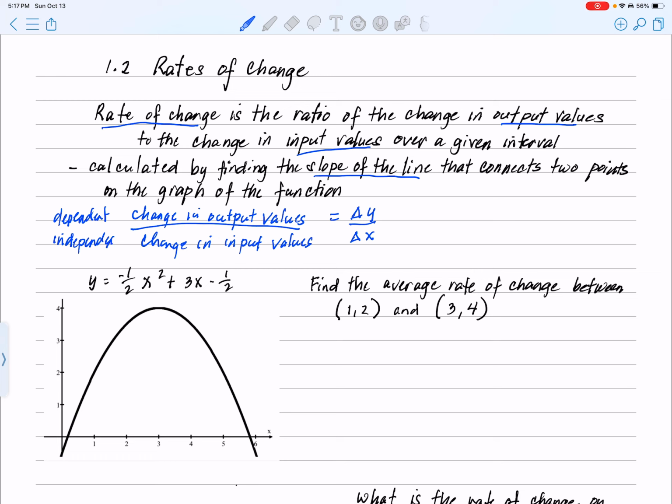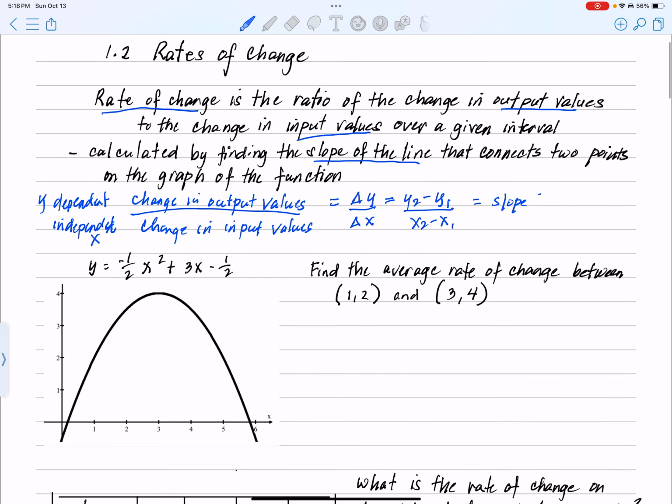So the independent is the x and the dependent is the y. That's why we have the change in y over the change in x. So that is y sub 2 minus y sub 1 over x sub 2 minus x sub 1, and that is the slope of the line.